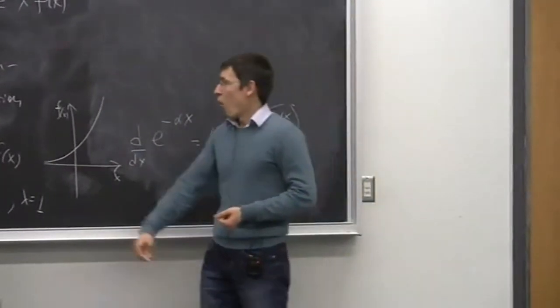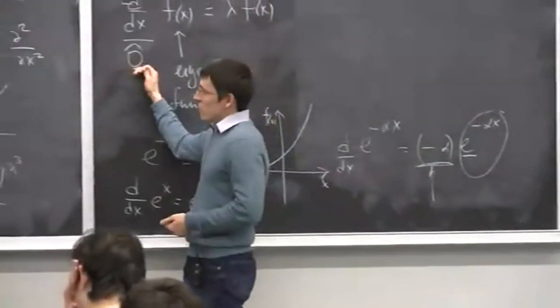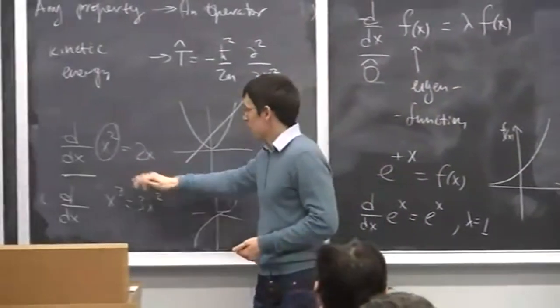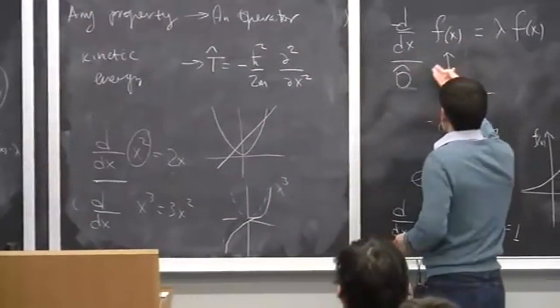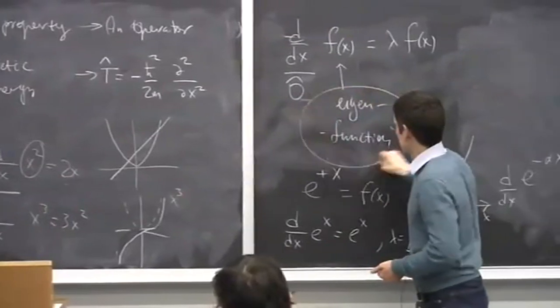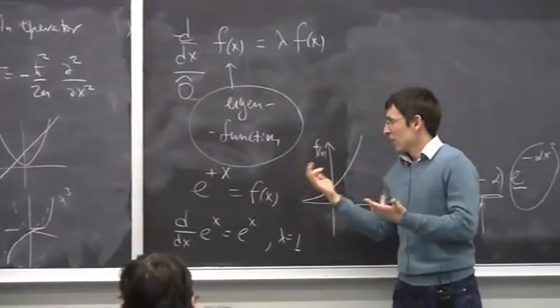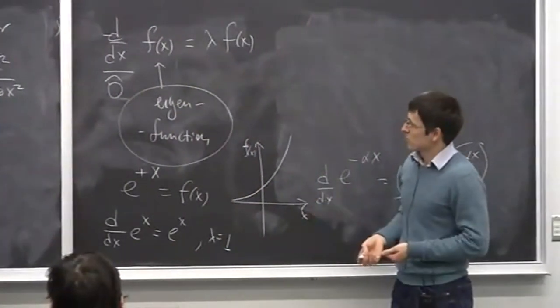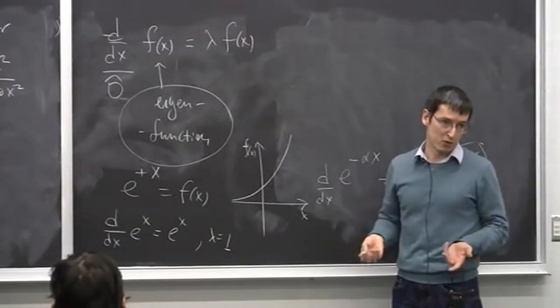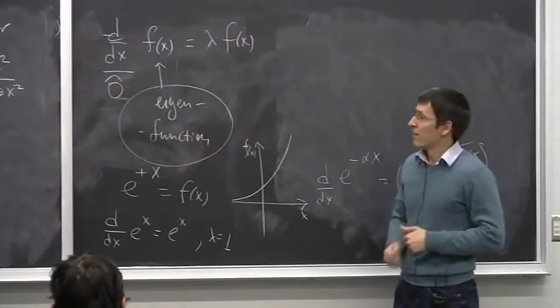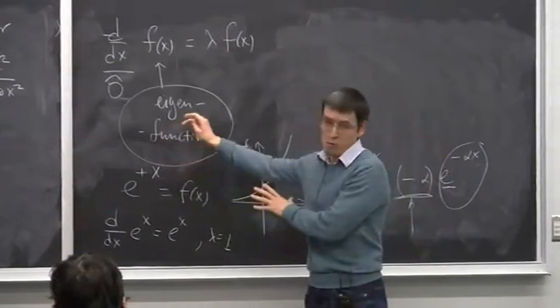So operators, in our case, generally change the shape of the function, and there are such special functions which are eigenfunctions, and they are special because they don't change the shape when the operator acts on them.